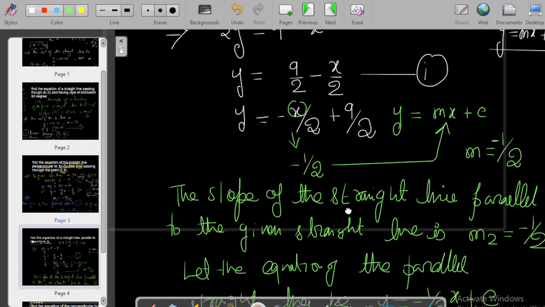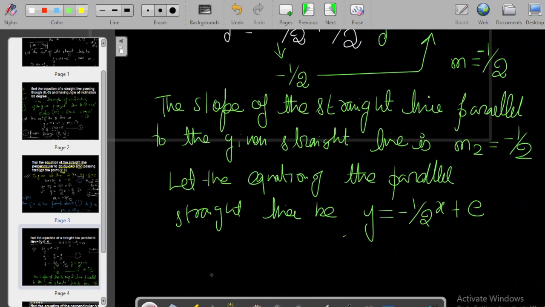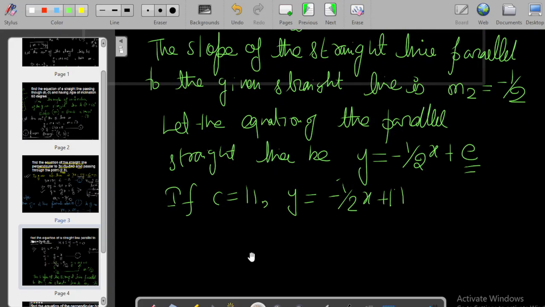So basically this straight line is nothing but the family of straight lines for different values of c. If I take c equals 1, then this is a straight line which is parallel. If we take the value of c to be 2, then the equation becomes minus half x plus 2, which is a different straight line.